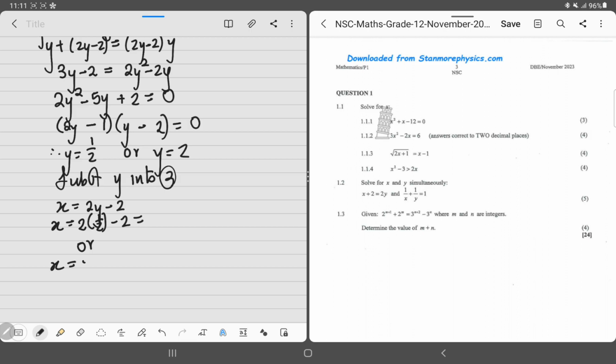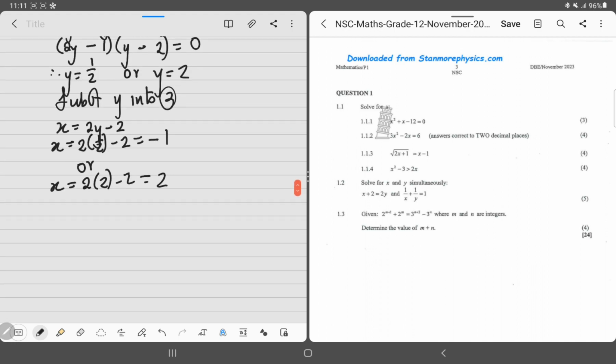Or x should be equal to 2 into 2 minus 2. So for the first one, we are getting a negative 1. And for the second one, we are getting a 2. So technically, this is going to be negative 1 and 1 over 2. And the other one is going to be 2 and 2.